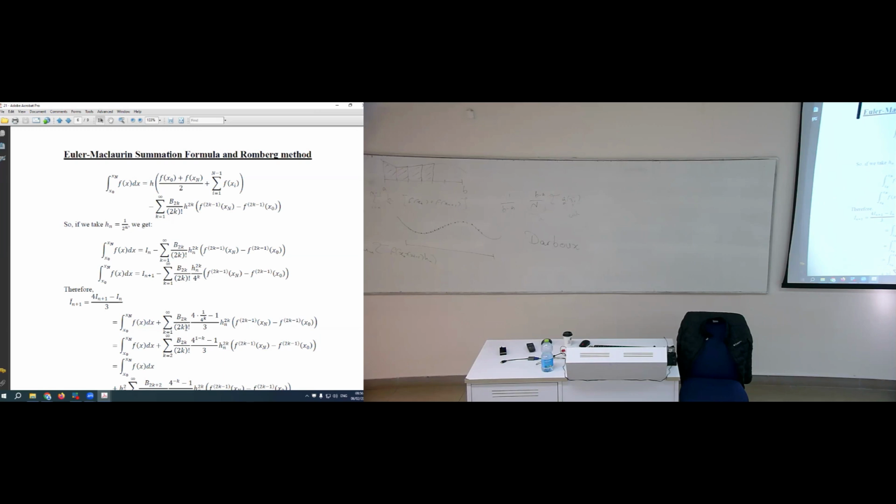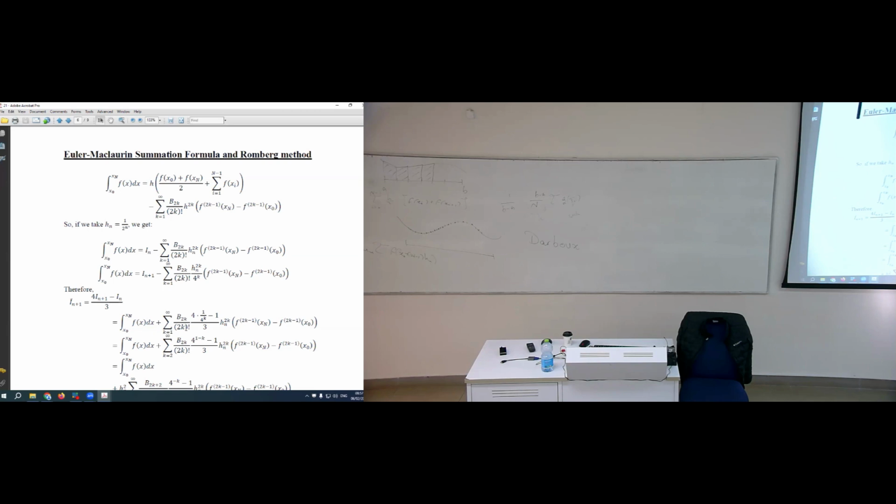Okay. We have here h squared. Take the first term in this sum. It is h_n squared b2 divided by 2 multiplied by this. Here the h squared term is b2 divided by 2 h squared divided by 4.